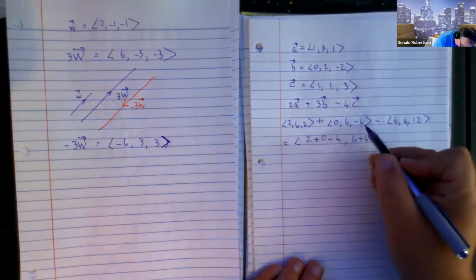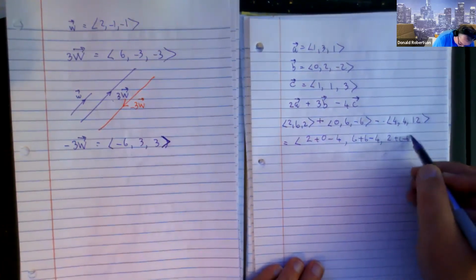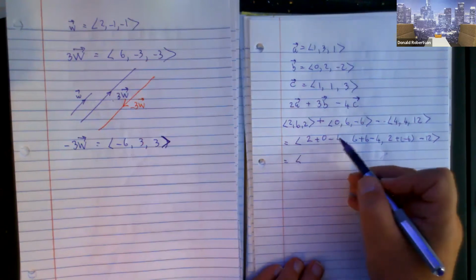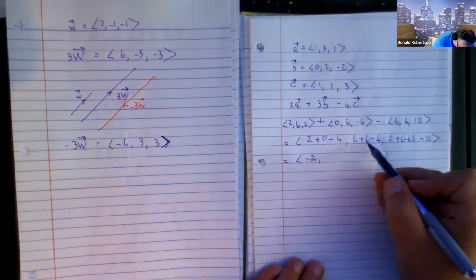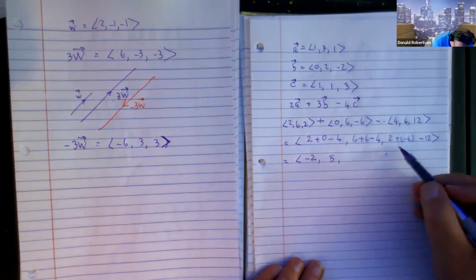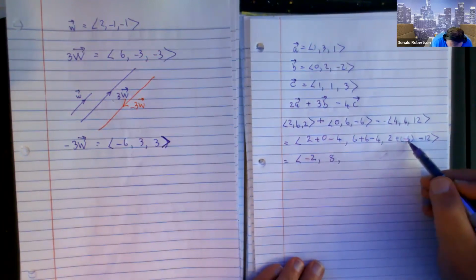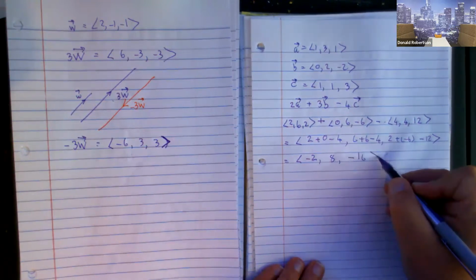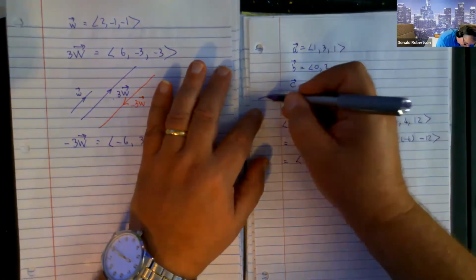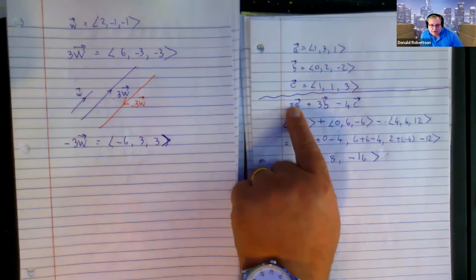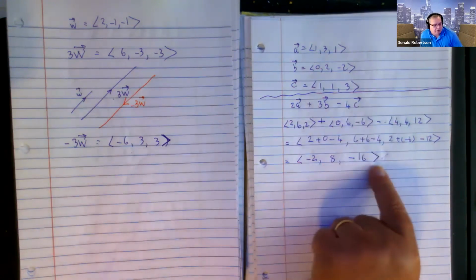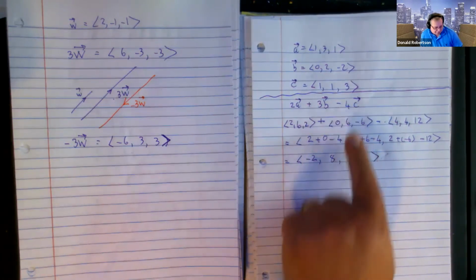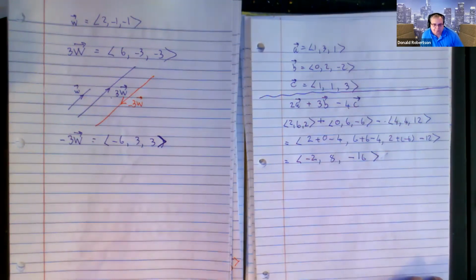And lastly, 2, add, yikes, -6, take away 12. 2, add nothing, take away 4, gets you that guy. 6, add 6, take away 4, gets you that guy. 2, take away -6 is really just subtracting it, so it's -4, take away that guy is -16. So if your question was, calculate what this is equal to, there's your answer. 2 lots of A plus 3 lots of B, take away 4 lots of C, and this is what you've got.